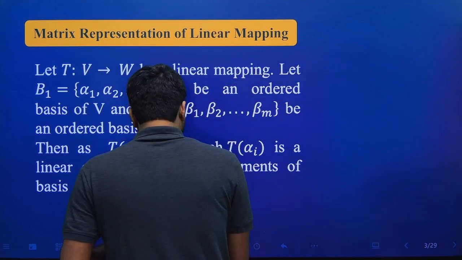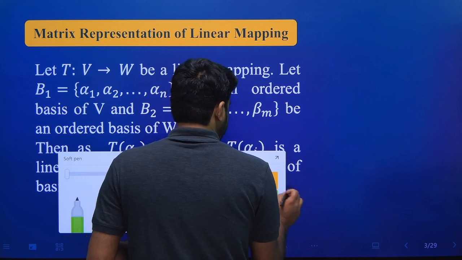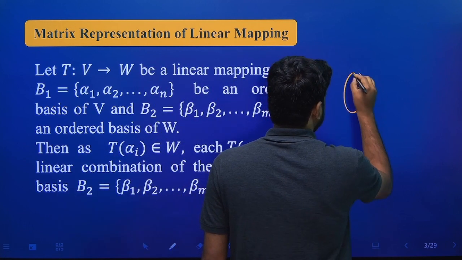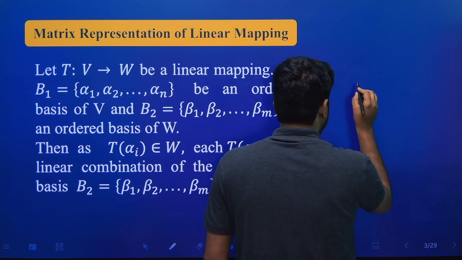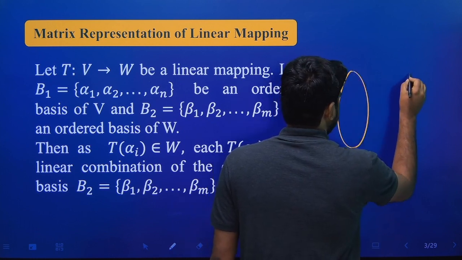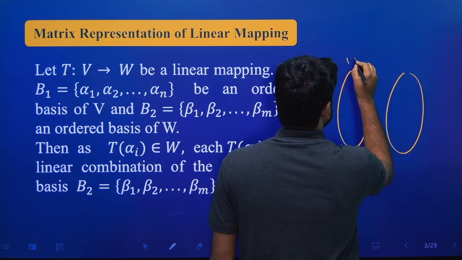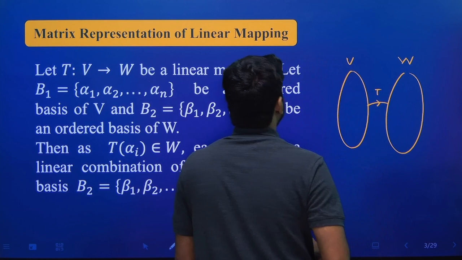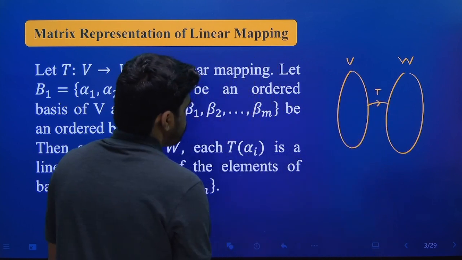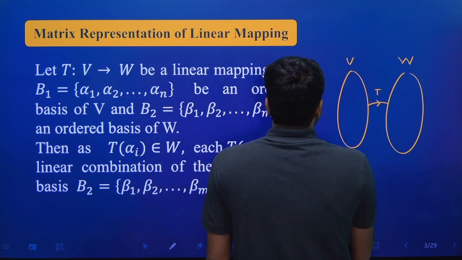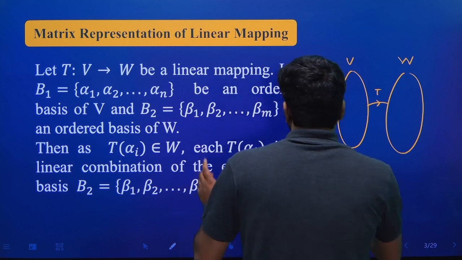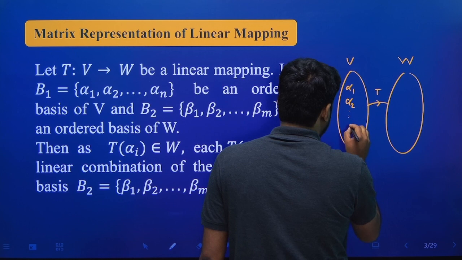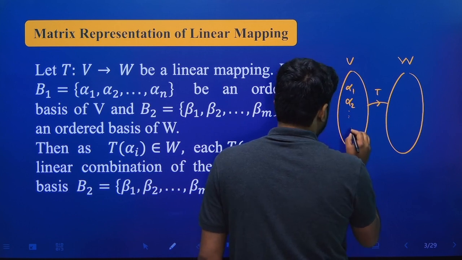Suppose V and W are two vector spaces, and T is a mapping from V to W. Let us consider alpha 1, alpha 2, up to alpha n.